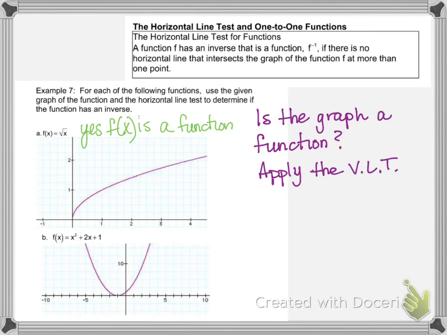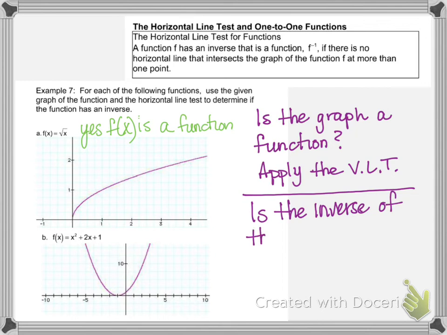Now, if you are asking another question, is the inverse of this graph a function? I was debating whether to use the word function or graph.